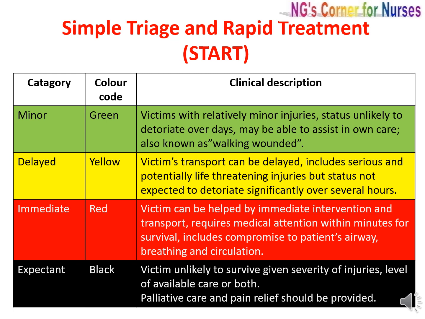Here the victims can be helped by immediate intervention and transport, require medical attention within minutes for survival, and includes compromise to the patient's airway, breathing and circulation. And the last one is expectant, which is denoted by the black color. Here the victims are unlikely to survive given severity of injuries, level of available care or both, and palliative care and pain relief should be provided to these patients.